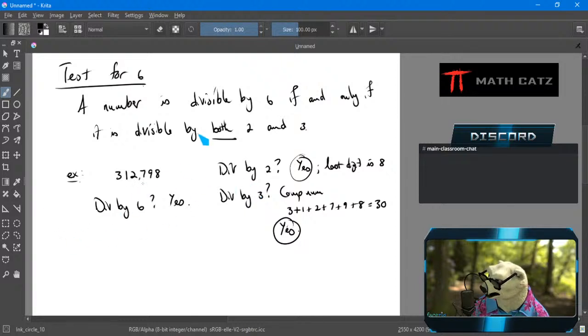But please don't read into this more than there is. This is the test for 6, and it is because 2 times 3 equals 6 and because of 2 and 3's relationship to each other, which I can't go into right now.